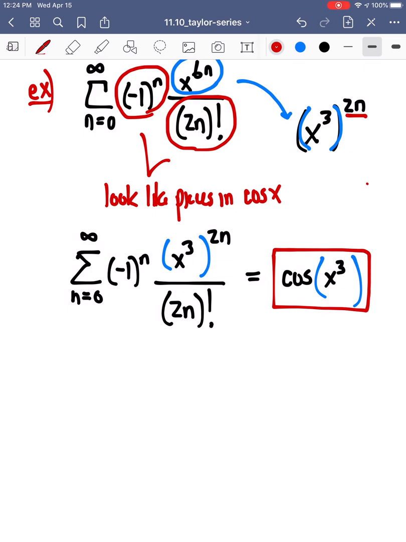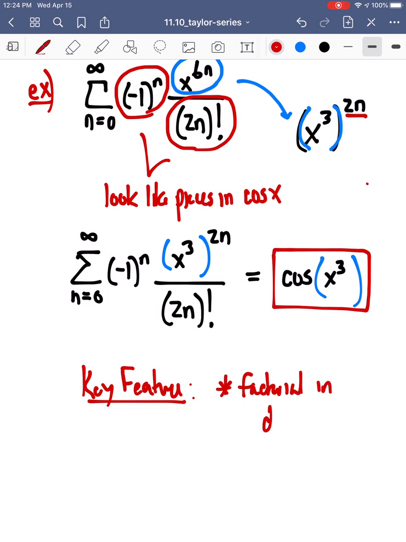So the key feature I think is important to look at, more than anything else, is a factorial in the denominator. That generally helps guide us into what Taylor series this might be coming from.